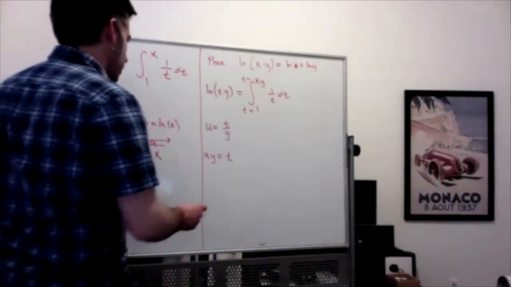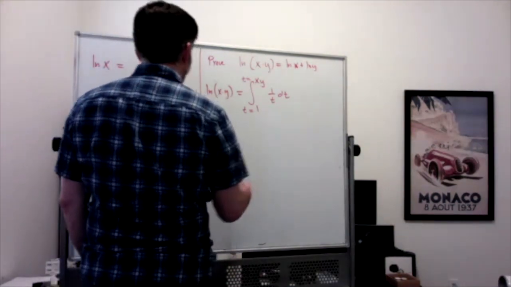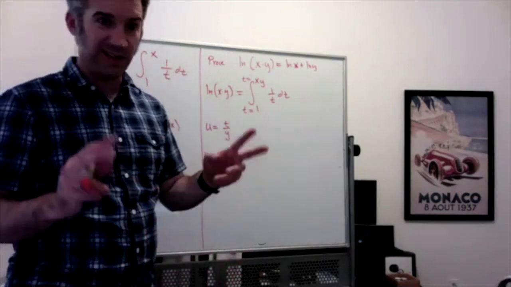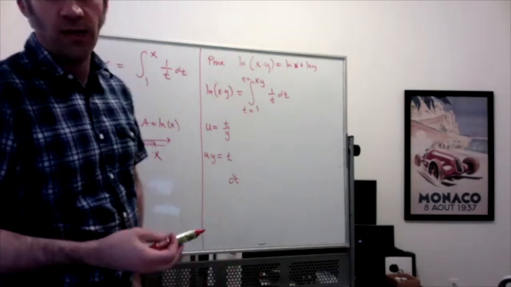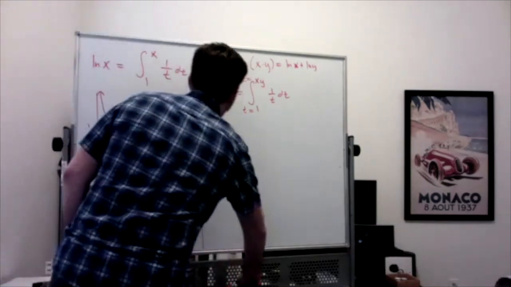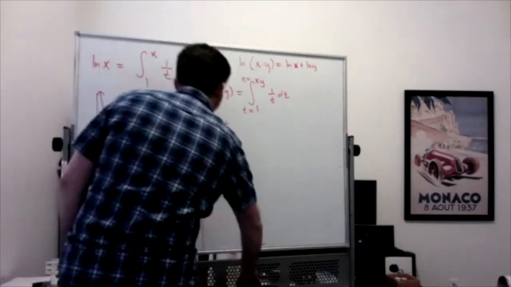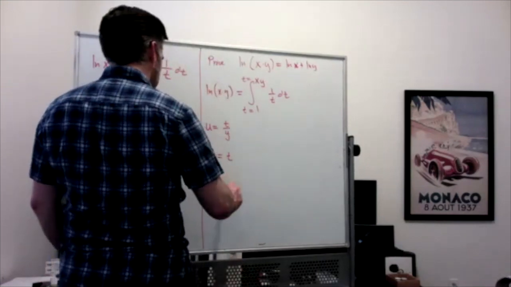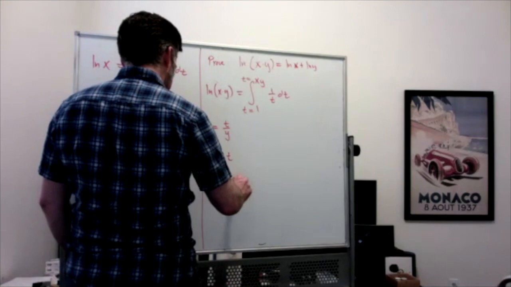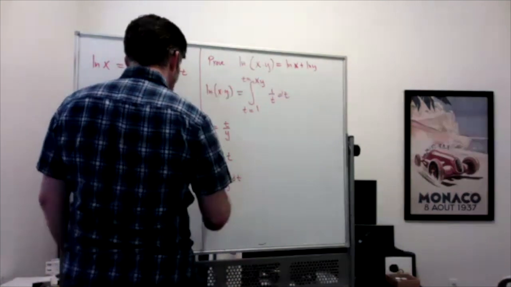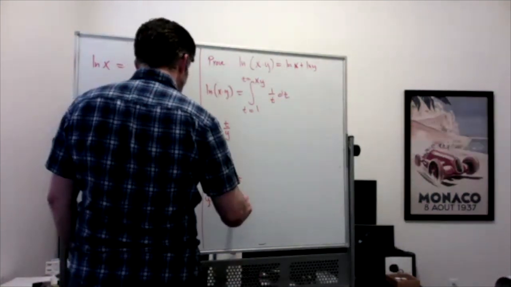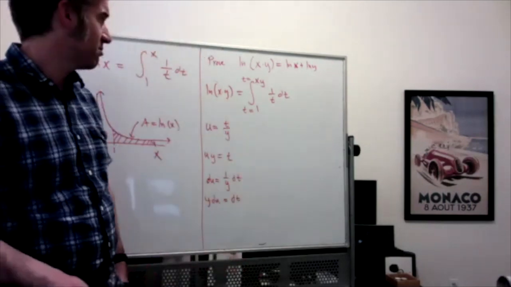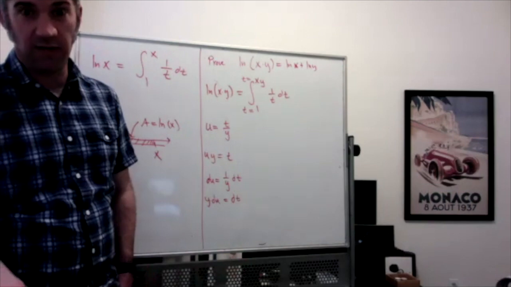Remember, t is our variable, x and y are just acting like constants. So then du is going to be 1 over y dt, or y times du is equal to dt. Does that seem all right? Let's find out.